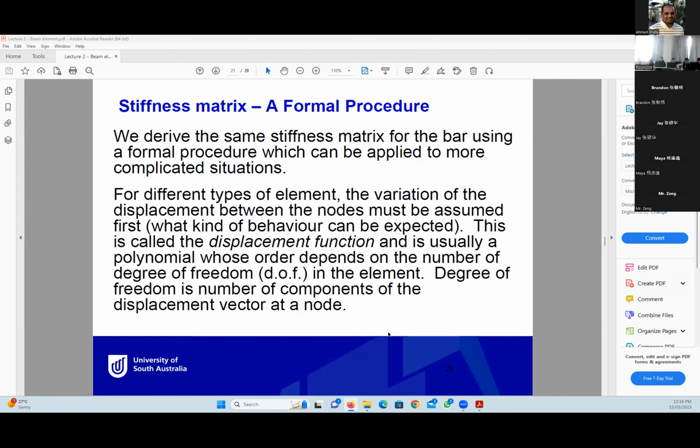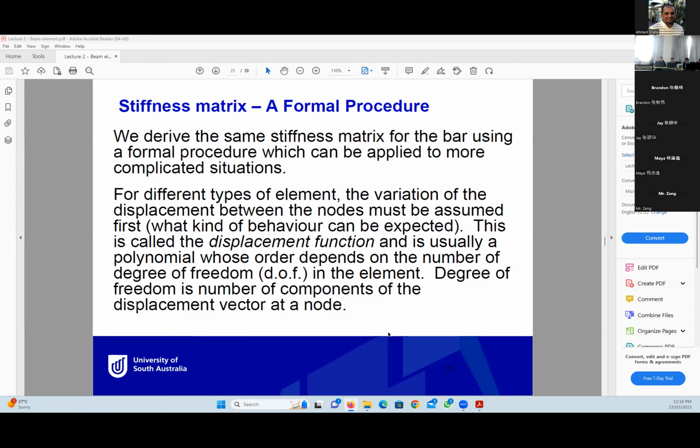Now we get into the second method to get the stiffness matrix for any element. It's a little bit complicated, so we will go through it briefly. We don't need to go into details with this one. You can go through it if you want and discuss with me later.